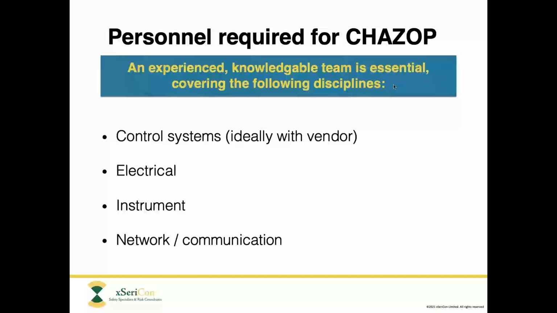You may notice that, for example, process is not on the list, and HSE is not on the list. Sometimes we do need some input from them, for example, to answer questions about what the failure mode of such and such a valve is, or what redundancy there is.